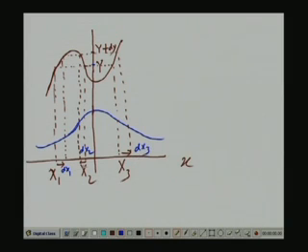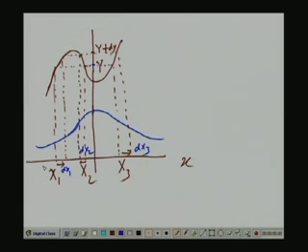You can see dx1 is positive, this has a positive slope. So, it is positive because y can increase only if x increases. Here also it is positive because if x increases, y increases since the slope is positive, but here the slope is negative. That is why dx2 is in this direction, negative.